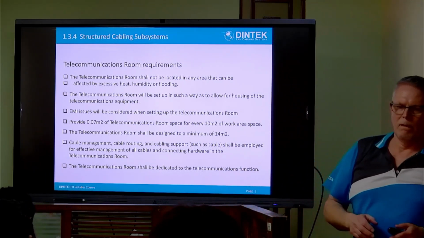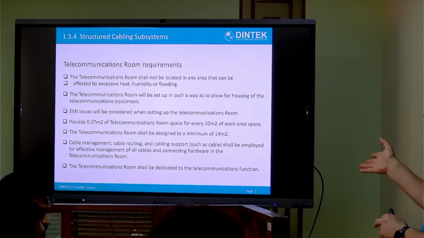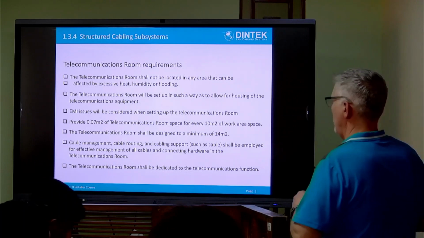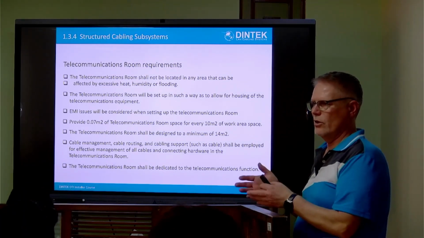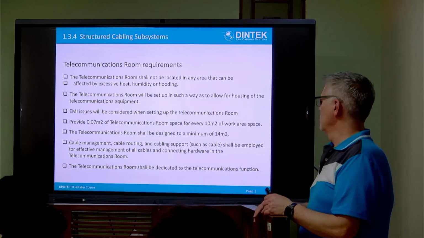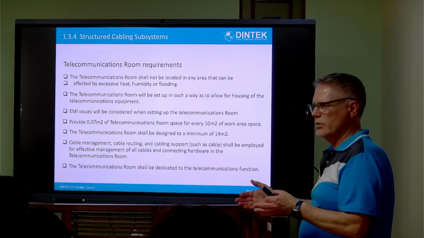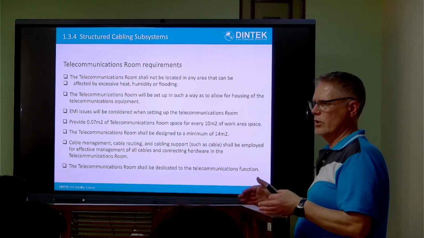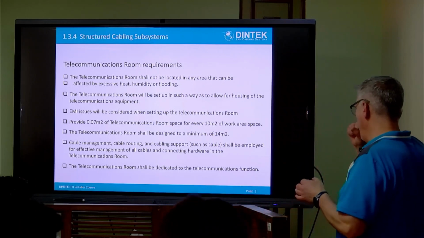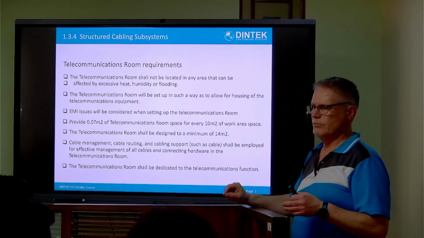So, in the standards, it lays out sizing of rooms like this, and the customer says, I want you to designate the size of the room. How big the room is then going to depend on the area of that floor that's going to be used for people. So they say work area space or usable workspace.